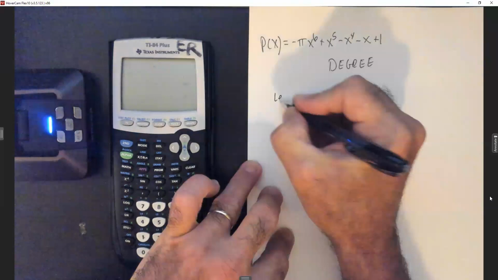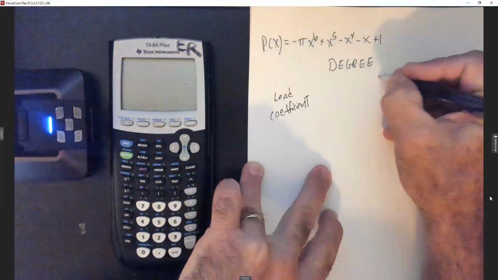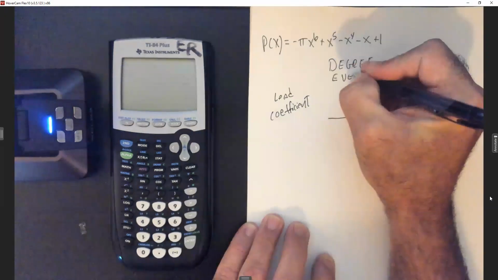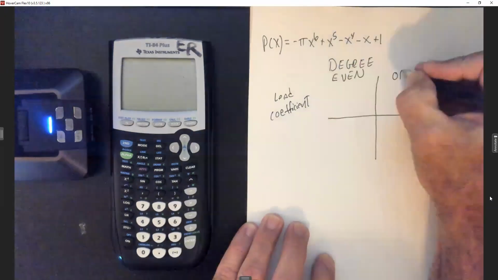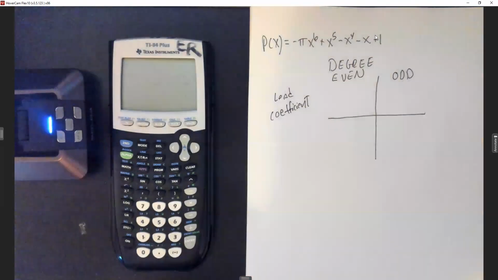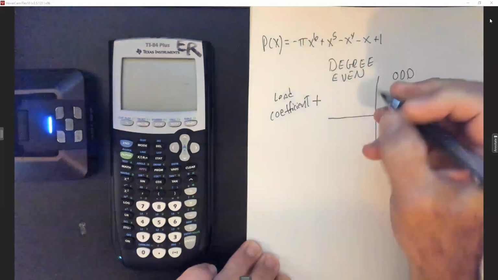So there's going to be 4 cases on these. You can have an even degree or an odd degree. So at the degree we look at if it's even or odd. And then the lead coefficient can be positive or it can be negative.